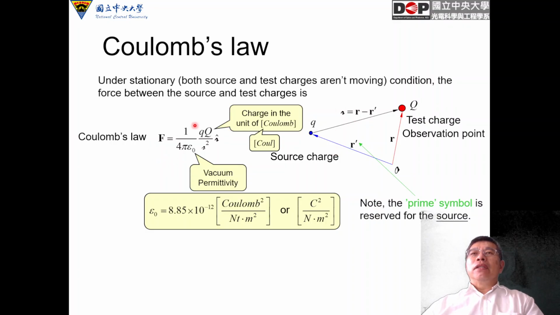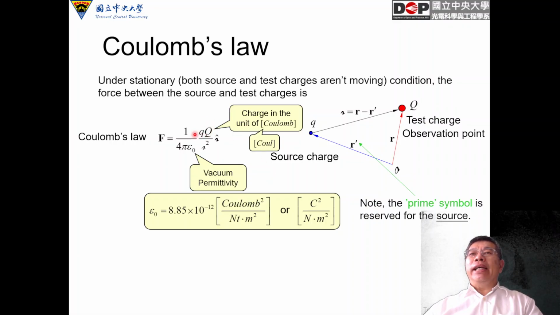The coefficient part is a constant, and there's an epsilon, which is called the vacuum permittivity. Its value is 8.85 times 10 to the minus 12, and the unit is Coulomb squared divided by Newton meter squared.